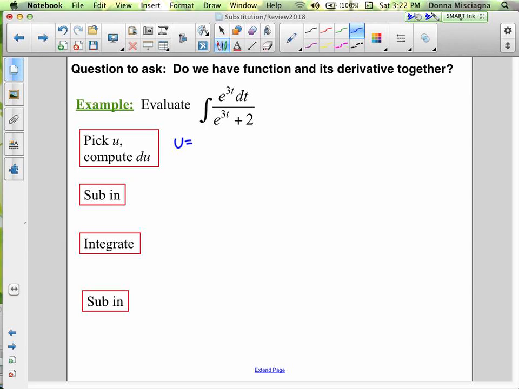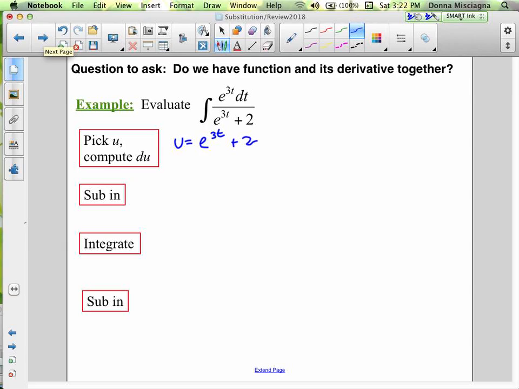No, because that wouldn't work, right? That would not work with what we've got. The u this time is e to the 3t. Right? Because we want something whose derivative is going to be e to the 3t. Right? And so we've got 2 e's here. Right? So that means that the whole expression.